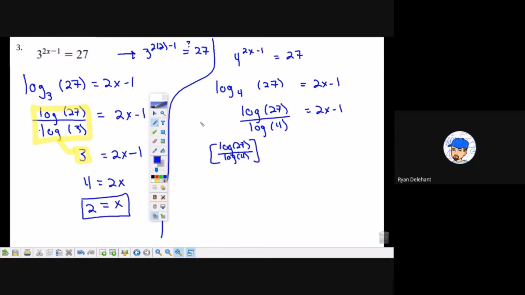But I need to move these 2 steps over so I can figure out what to do with that number in the calculator afterwards. So I'm going to add the 1, and then I would divide by 2 to find the x, right? What we're saying is I'm going to find this in the calculator first, and then I'm going to go answer plus 1, answer divided by 2, so that I don't have to round until the very end of this thing, okay? We're trying to preserve accuracy until the end.